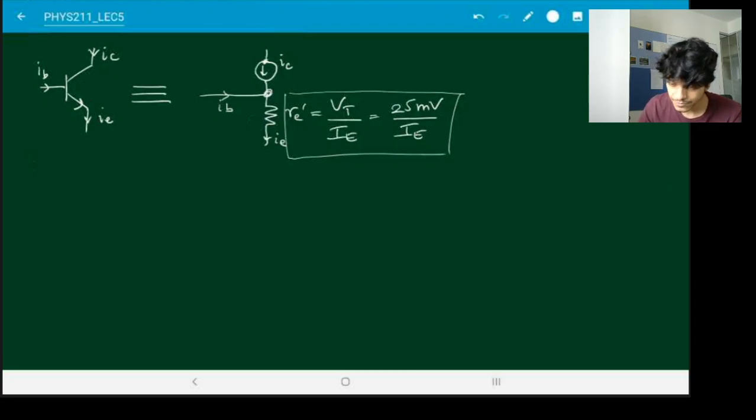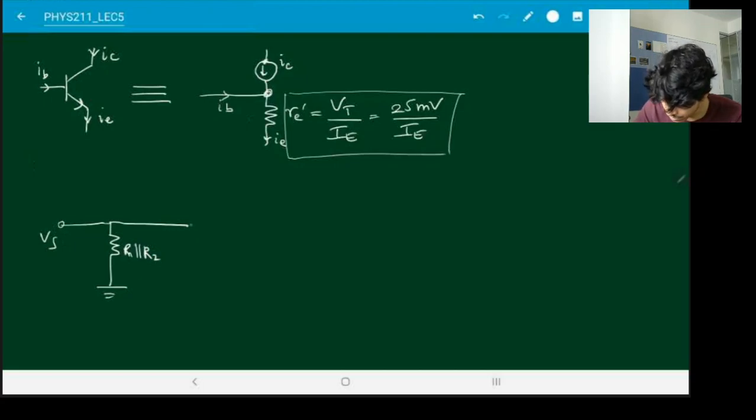So now once again, let's draw the AC equivalent circuit, but with this simplification in place. So now our circuit looks like this. We have our input Vs, we had R1 parallel R2, then we had our transistor, which we are replacing with this simplification.